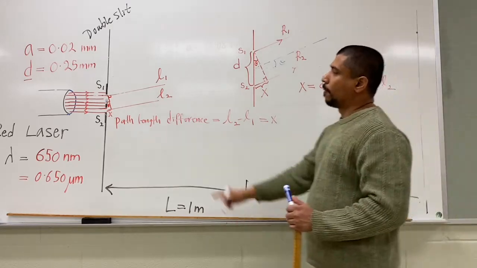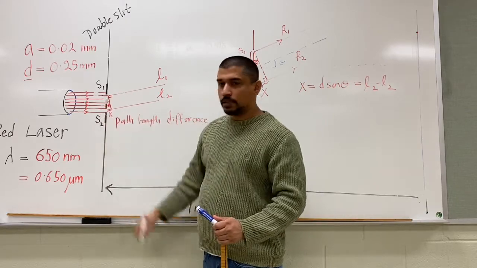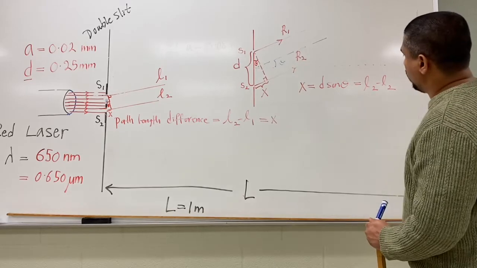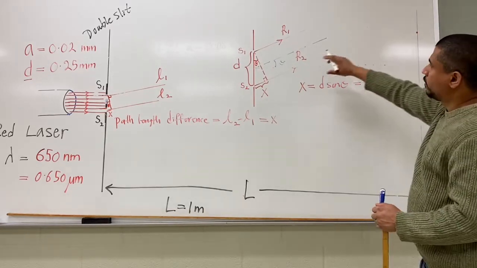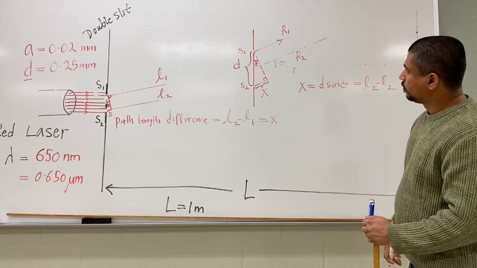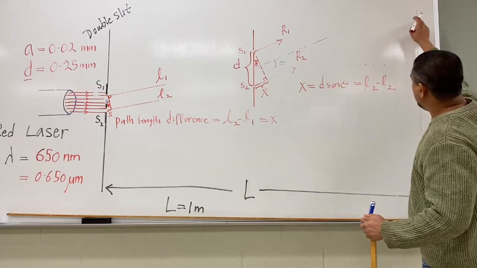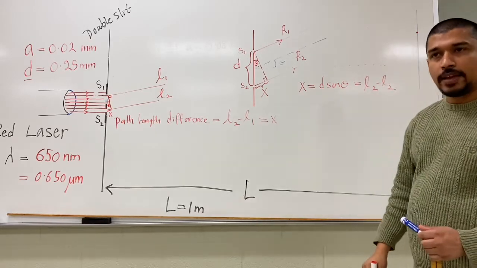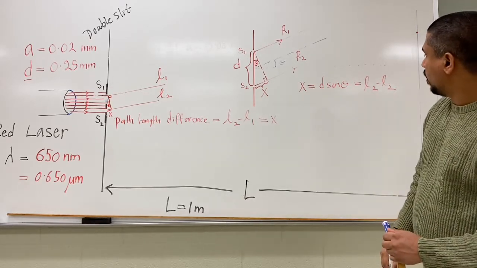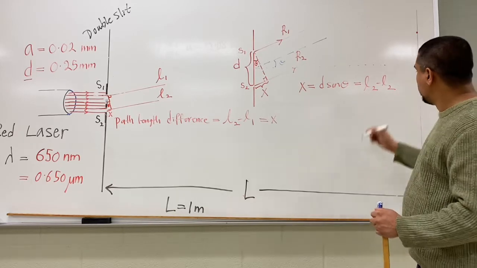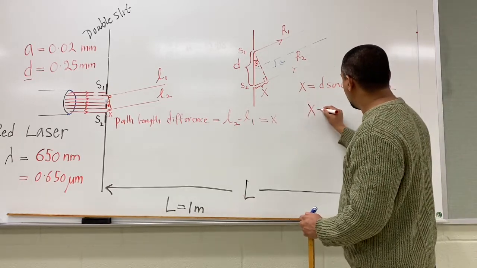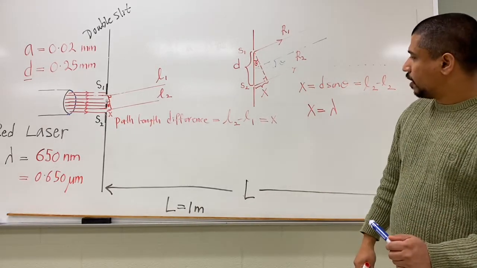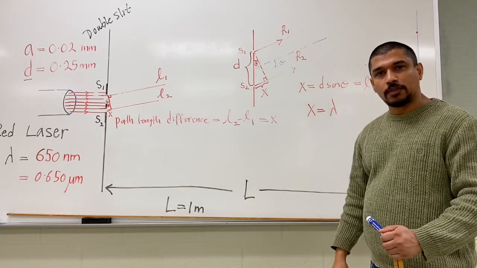Now we know these two sources, when they emit this light, they are in phase. So if they travel the same distance, they should be in phase when they come to the screen. But because of this path length difference, there should be a phase difference. Now let's consider this x equals lambda. Lambda is a full wavelength. Then what is the phase difference between these two waves?